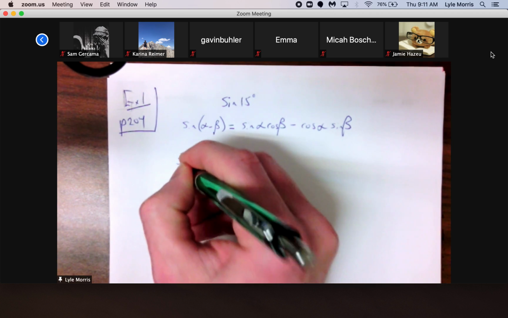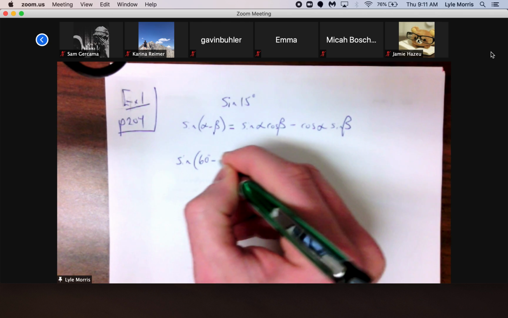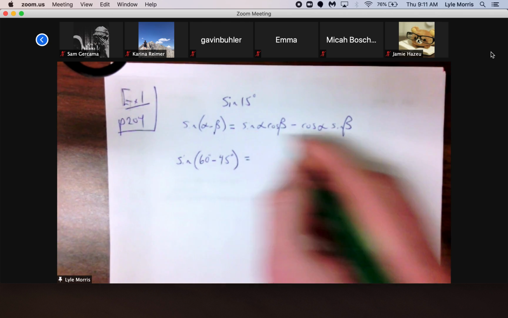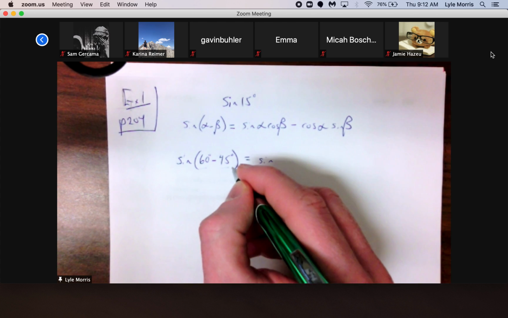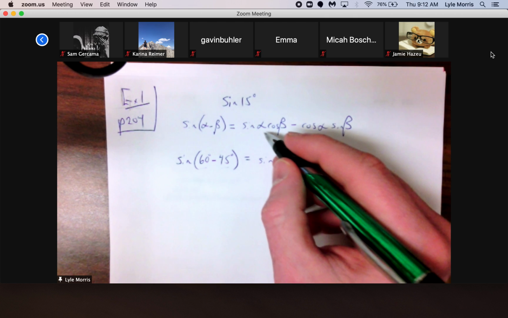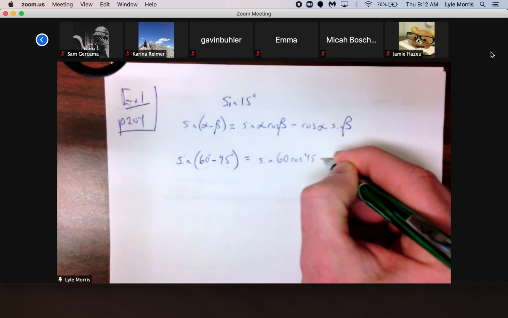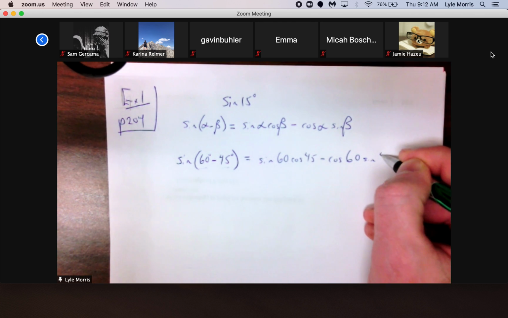So if I rewrite this as sine of 60 minus 45, then this is all the A's and this is all the B's: sine of 60 times the cos of 45 minus the cos of 60 times the sine of 45.